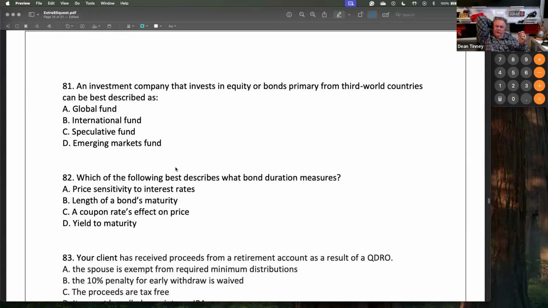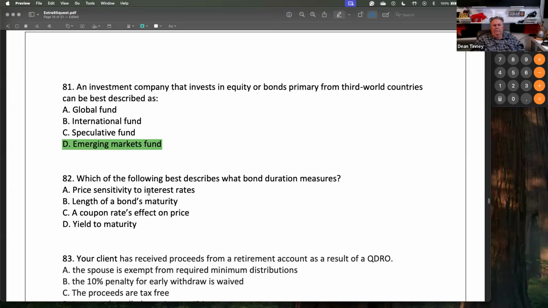You're correct. It's D as in dog. The international fund would include developed countries like Europe and not include the US. B would be international, but not the US, and global would include the US. So you got it right.